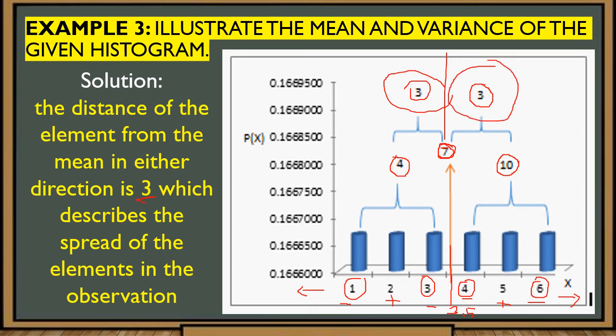We have here 3 as the spread or the distance of the elements from the mean, either on the left side or on the right side. I hope you get that. So this is the idea of variance and standard deviation.